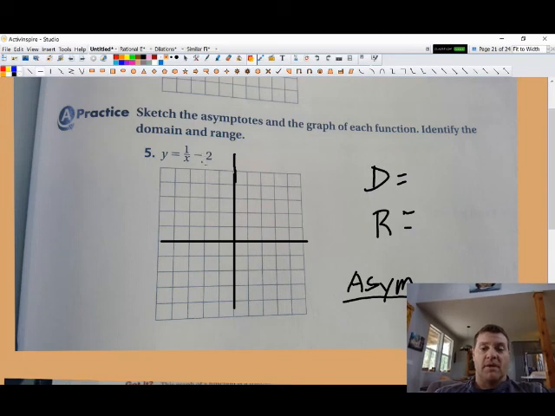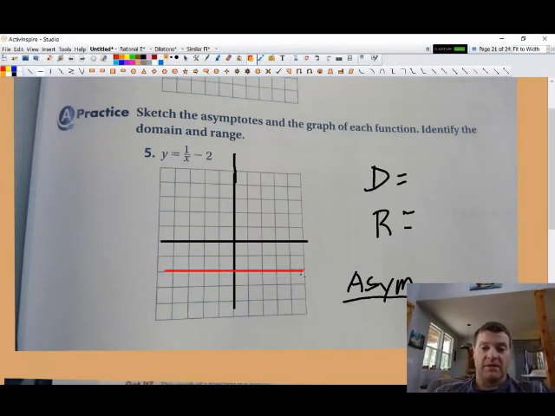Minus 2, which means I take the parent function, which is here and here. It looks like our little curve right here, in these two quadrants, and I move it down 2, right, which changes my y to be right here.